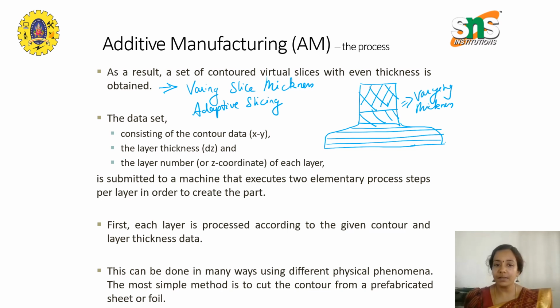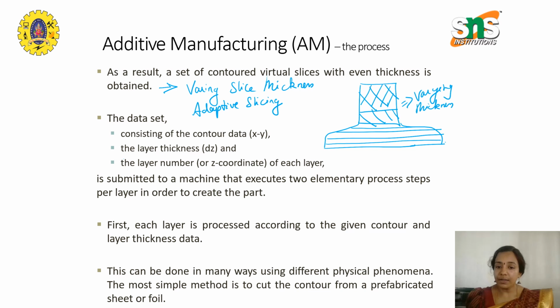The data set consisting of the contour data xy, the layer thickness dx, and the layer number of each layer is submitted to a machine that executes two elementary process steps per layer in order to create the part. So the sliced data along with the thickness, the distance between the layers, we submit to a machine.